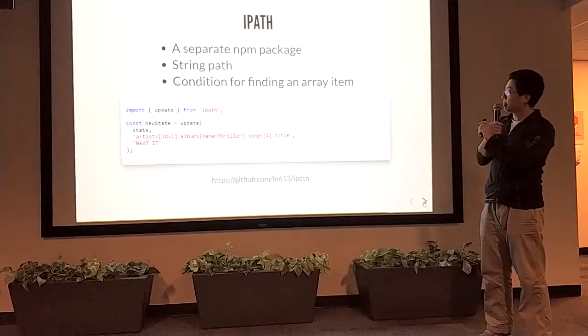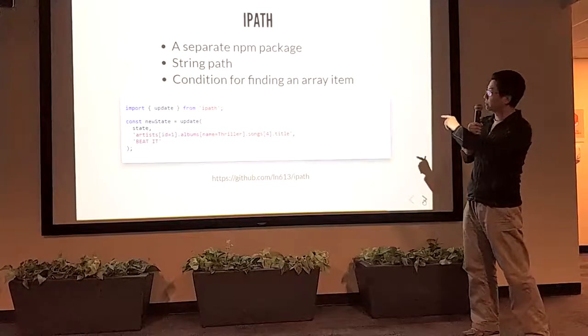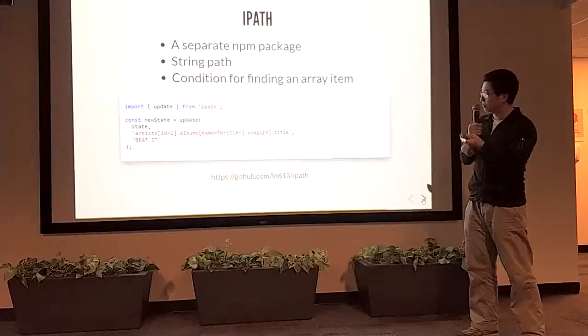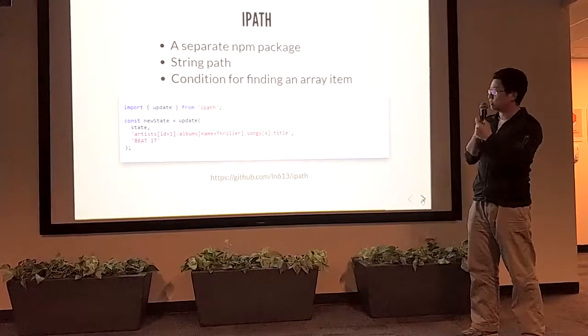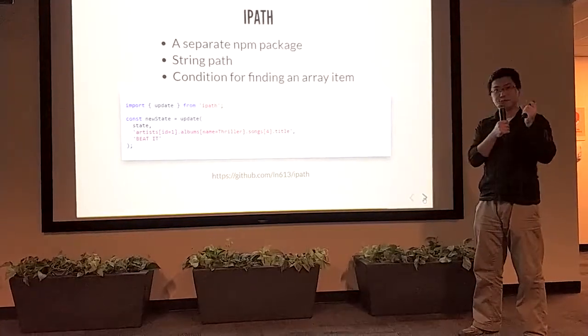With iPath, the idea is similar, but this time you can provide a string path. And then in that string, you can provide conditions to find your elements instead of just an index.